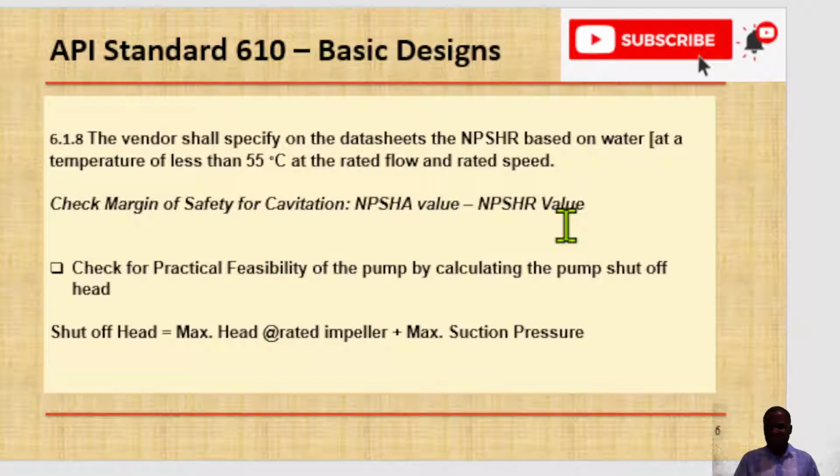So you check the difference between the two. In this particular case, you have 1 meter, which means it's okay.